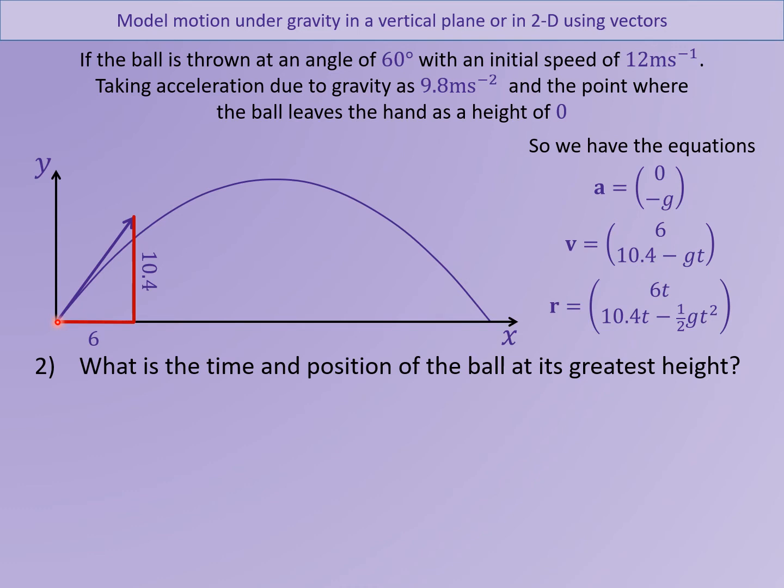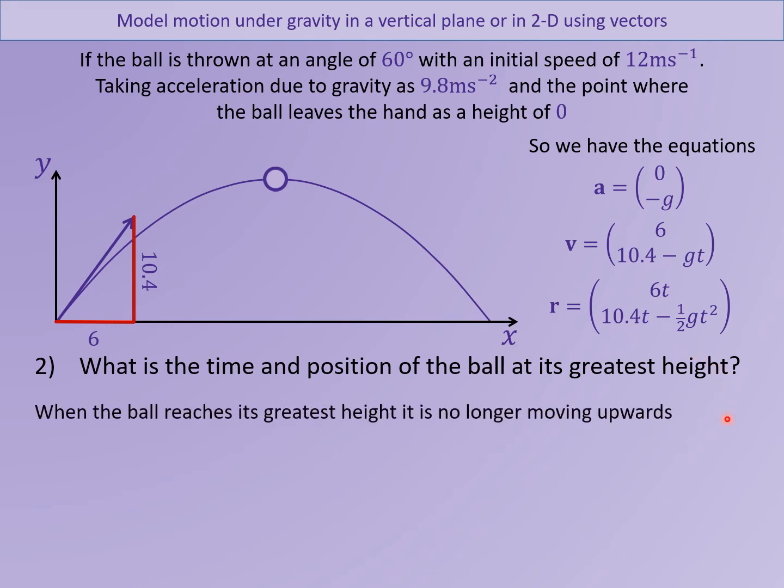So the question is, which one of these is the important one for working out the greatest height? Well, the answer is the velocity. Definitely the velocity. That's going to help us work out the maximum height, because the velocity equals 0 in the y direction. It's not a position just yet.